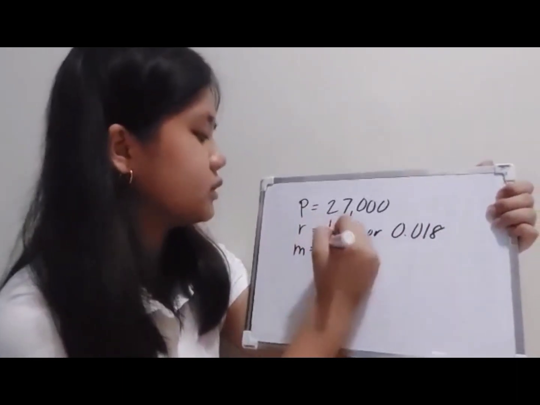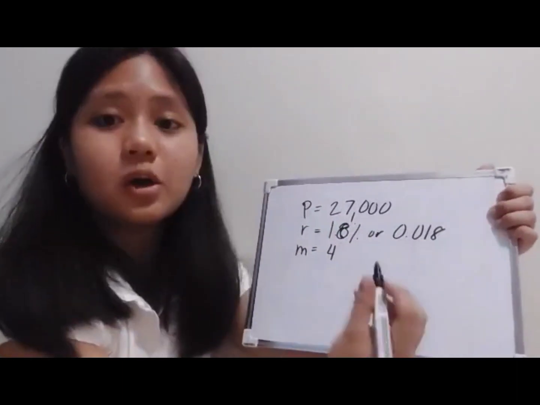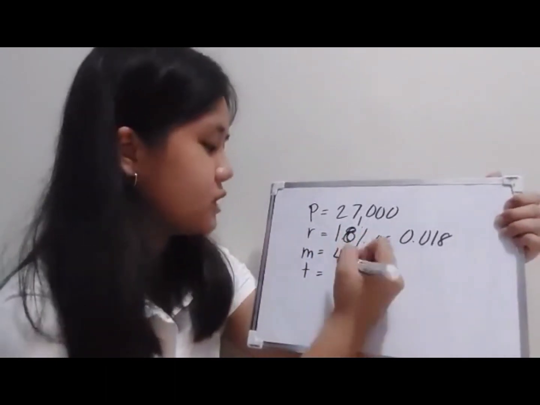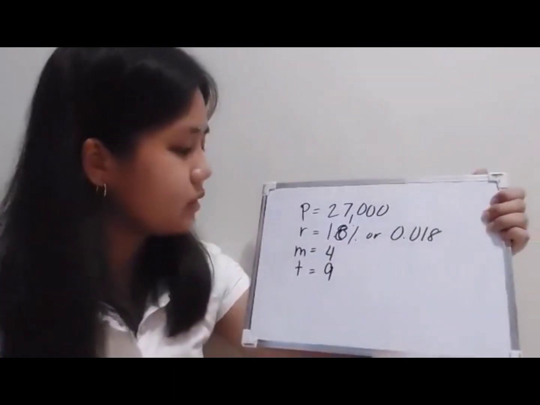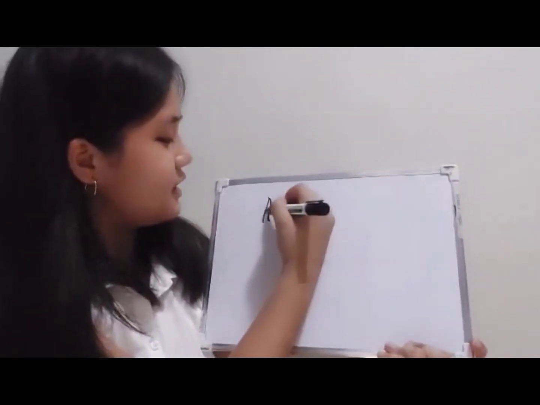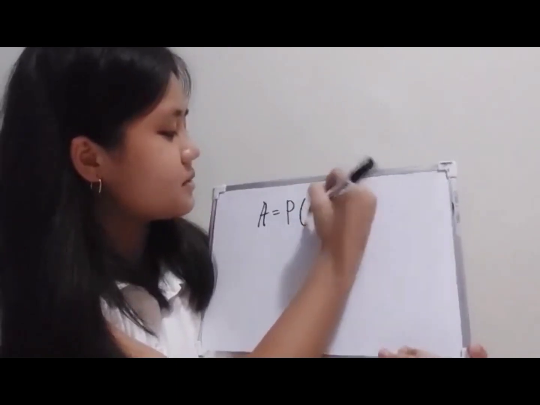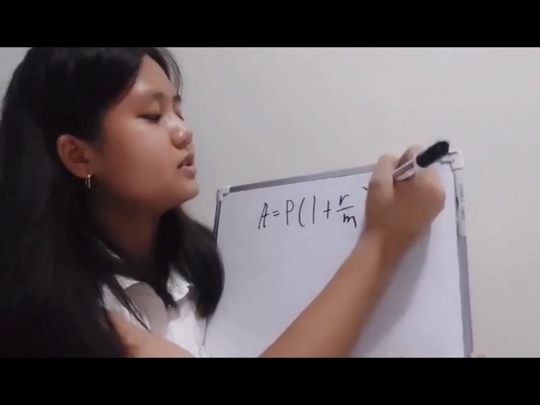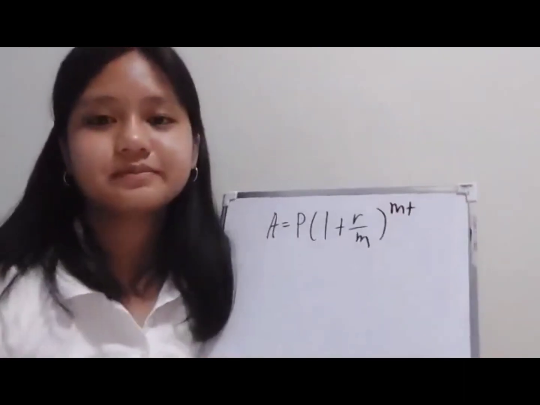M is equal to 4 because it was compounded quarterly, and T is equal to time, which is 9 years. To solve this problem, we will be using the same formula we used earlier, which is A equals P times 1 plus R over M raised to the power of M times T.